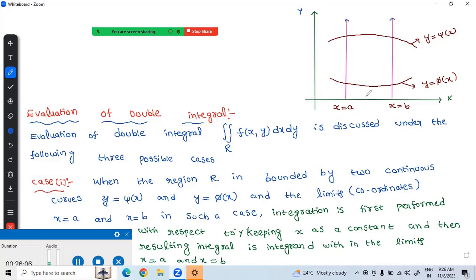Two curves are here, so one region is formed, a, b, c, d. So when the region capital R is bounded by two continuous curves, y equal to psi of x and y equal to pi of x, the limits x equal to a and x equal to b, in such case integration is first performed with respect to y keeping x constant.